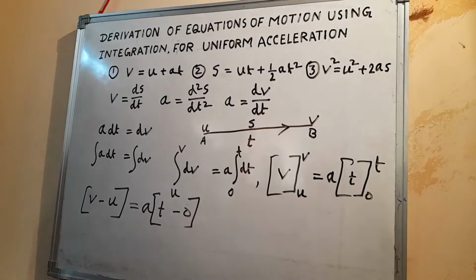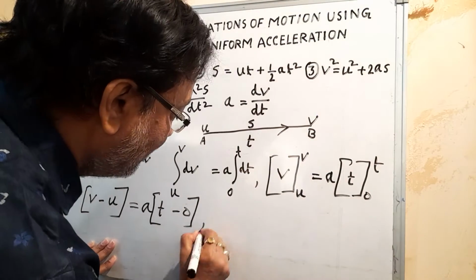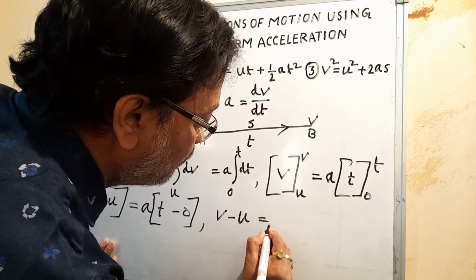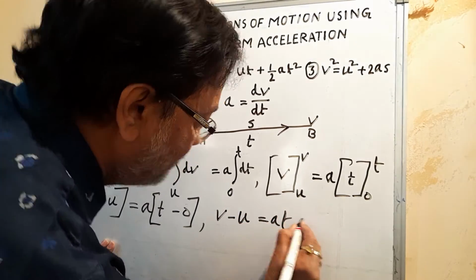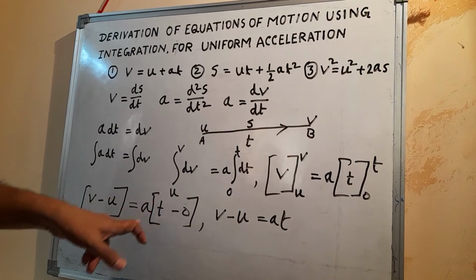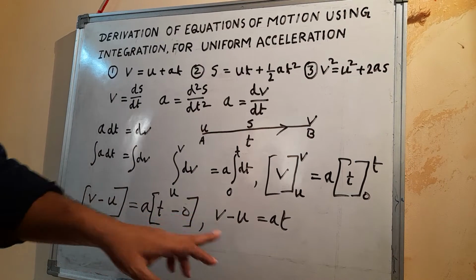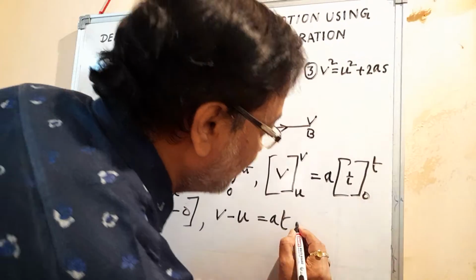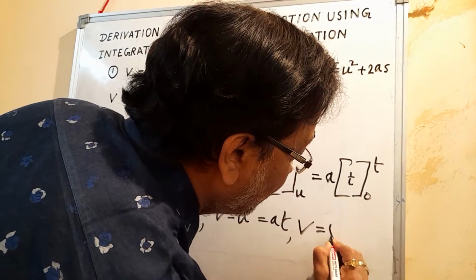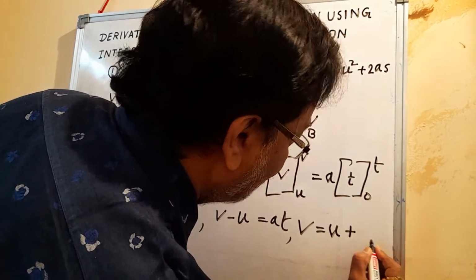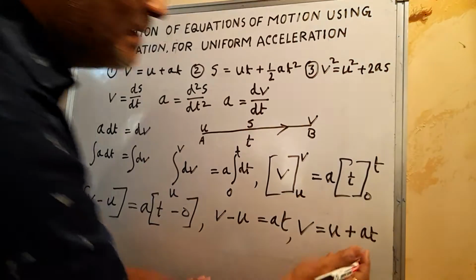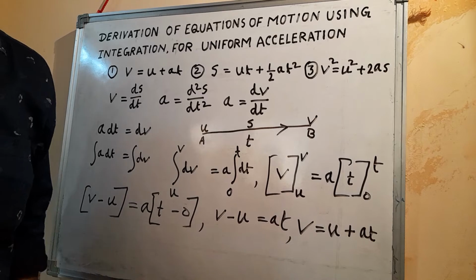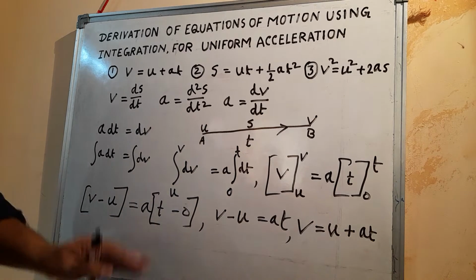Since 0 multiplied by a is 0, we get v minus u equal to at. So v equal to u plus at. This is the first equation of motion.